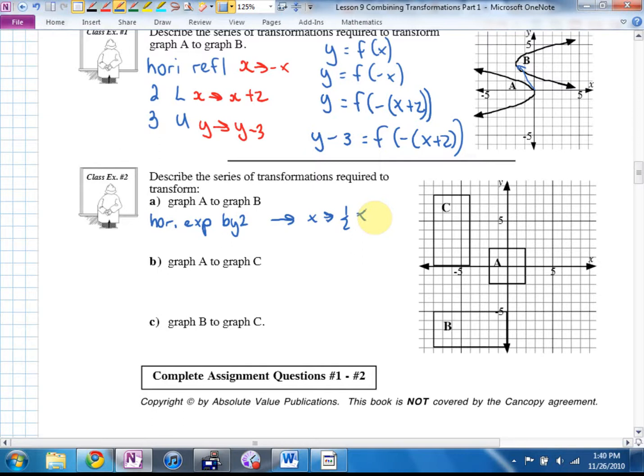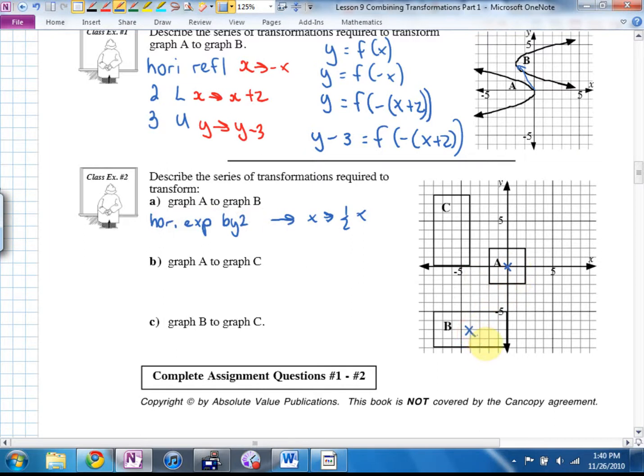I think the easiest point to follow around here is going to be the center. Where did the center end up? Right there. The reason I picked that is because the center, since it's 0 left, right, would not be affected by that transformation. So I should be able to just count.